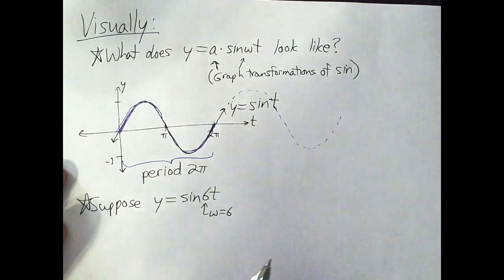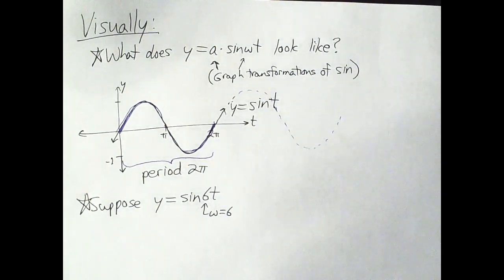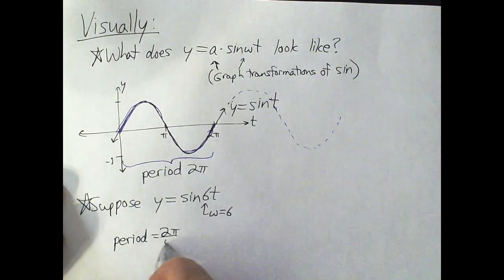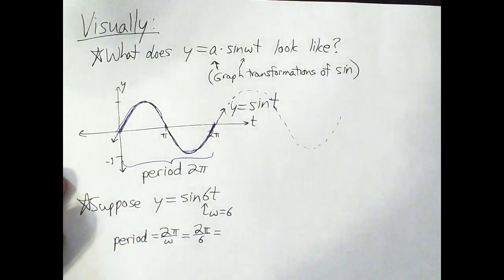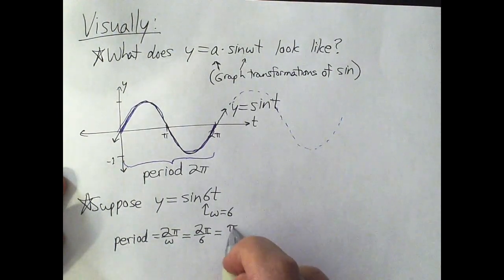But first of all, I want to say that A seems like it's still 1, so I guess the amplitude is still 1. The period, however, has changed. The period is supposed to be 2 pi over omega, which is going to be 2 pi over 6, which simplifies to pi over 3.